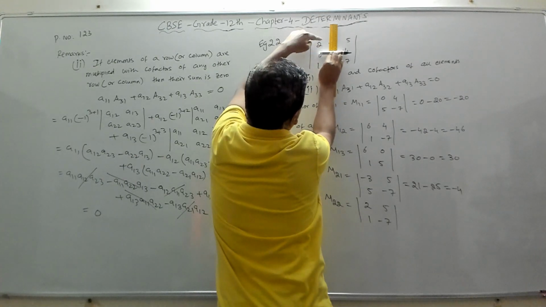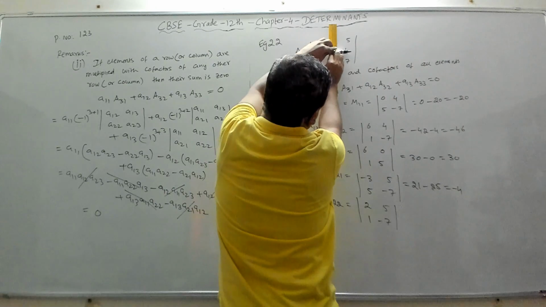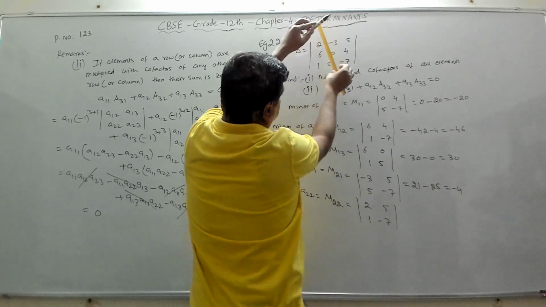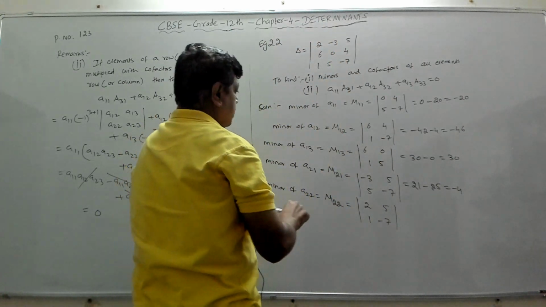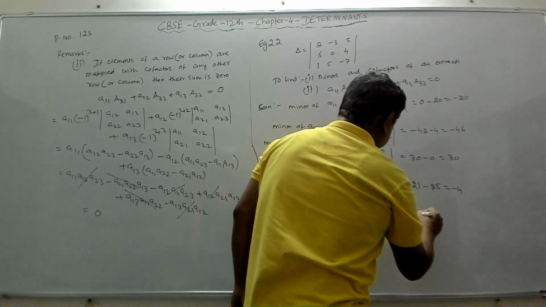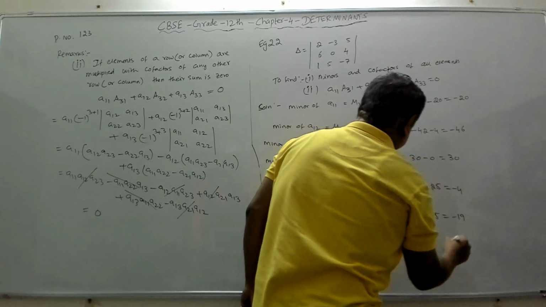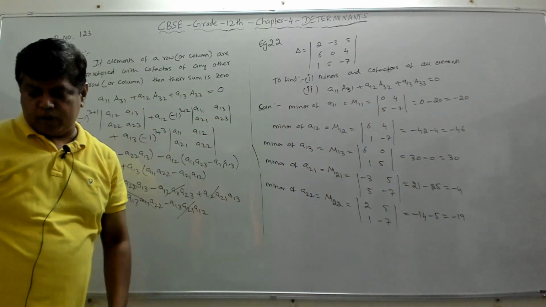So if you do that, what do we get? 2 times minus 7 is minus 14, 1 times 5 is minus 5, you get minus 19. That is the minor of a22.